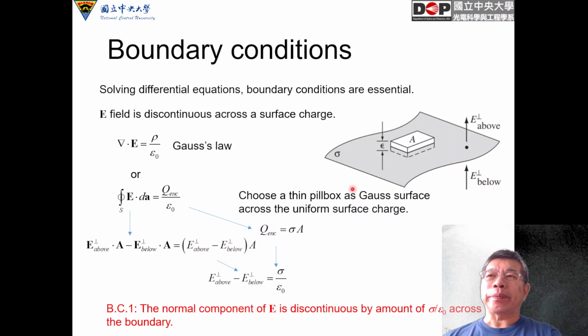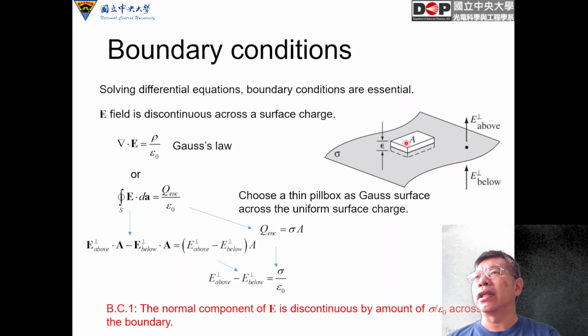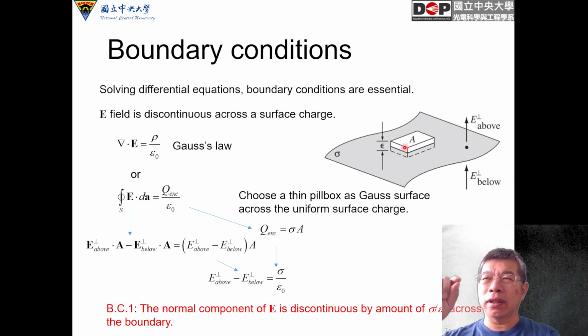Since we have the boundary condition, which is the surface charge, we can solve for the electric field. Assuming it is uniform, the electric field points vertically on both sides. So only considering this surface area is good enough as long as the box is thin.